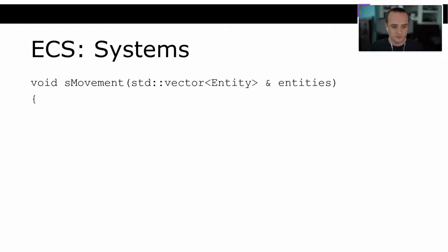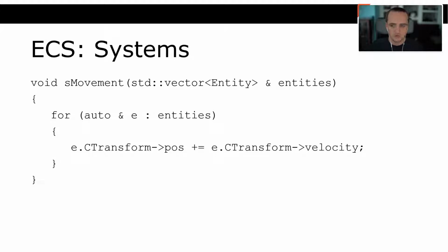So for example, we will have a movement system, and the movement system will be really, really easy. It will be part of what we just did, but this will be the system that just updates the position. So it does the movement of all the entities. In this movement system, we pass in the entities, we iterate over the entities, and we add the velocity to the position. And that's it. We're done for movement. It's crazy how simple that is.